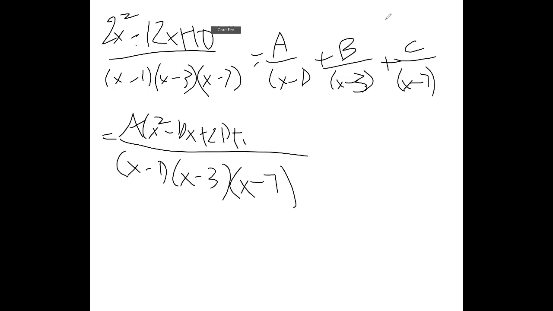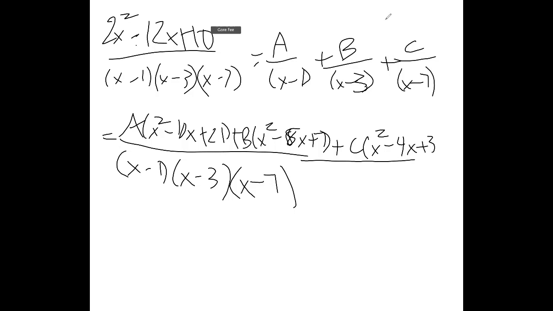And then plus b times x minus 1 times x minus 7 is x squared minus 8x plus 7. And then we have plus c, and then x minus 1 times x minus 3 is x squared minus 4x plus 3. Right, so we have this, and we see here that a plus b plus c is 2. This matches the x squared coefficient.